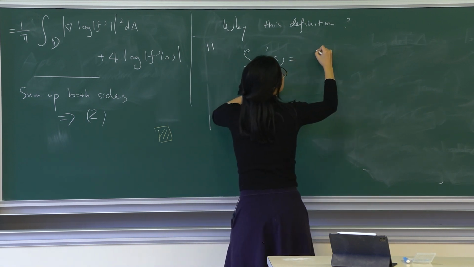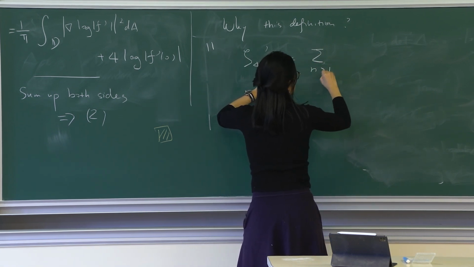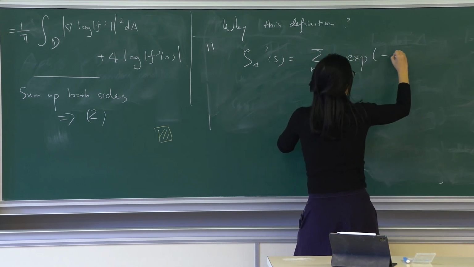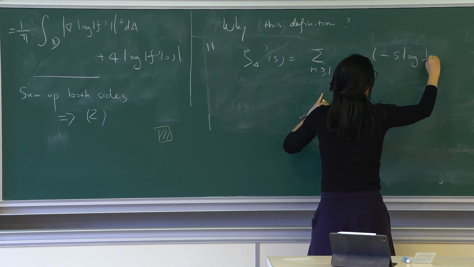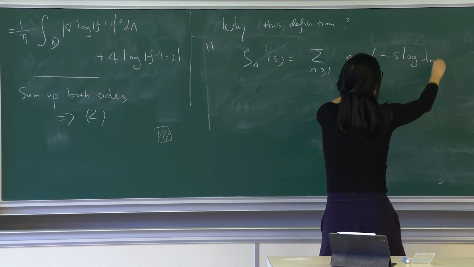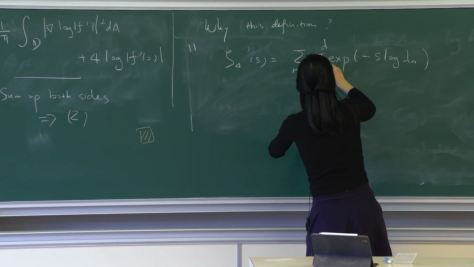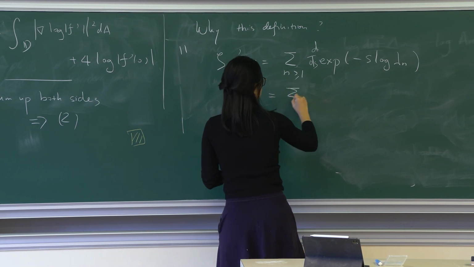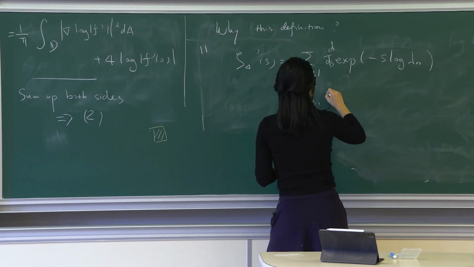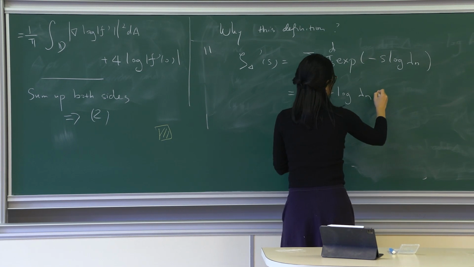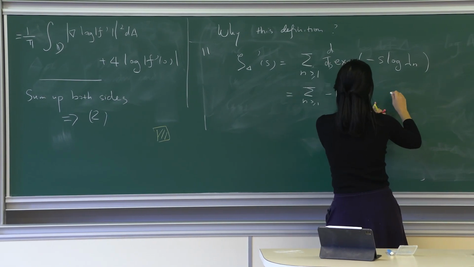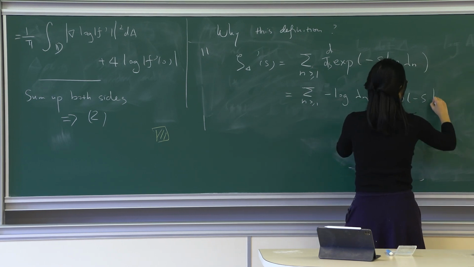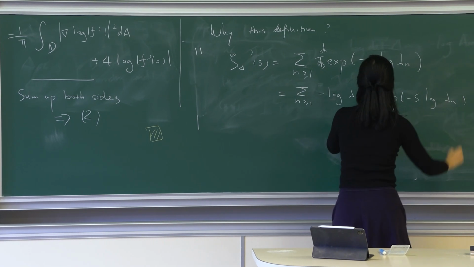This would be, I'm not able to do this, so n larger than 1, exponential minus s log lambda n. Right, I take d/ds. And this would be minus log lambda n multiplied by exponential minus s log lambda n.